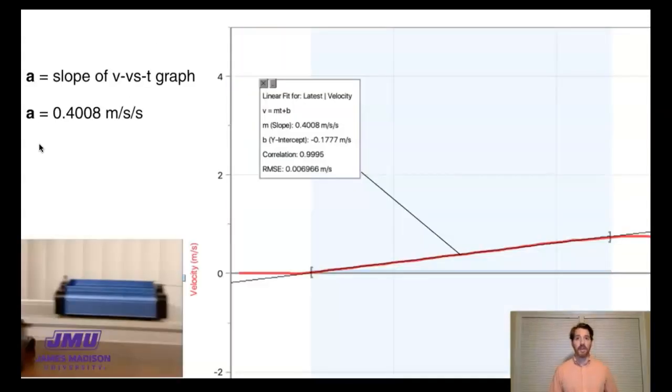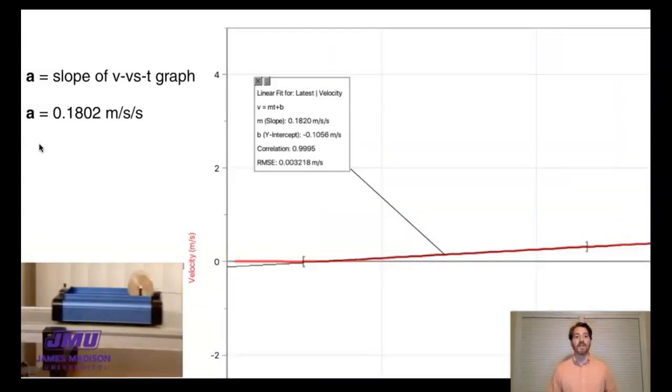The acceleration of the cart is the slope of the velocity versus time graph of the cart that we made while we were conducting the experiment. The acceleration of the empty cart, which was a mass of 500 grams, is 0.4008 meters per second squared. When we added 500 grams to the cart, the acceleration was 0.1802 meters per second squared, so it went down.